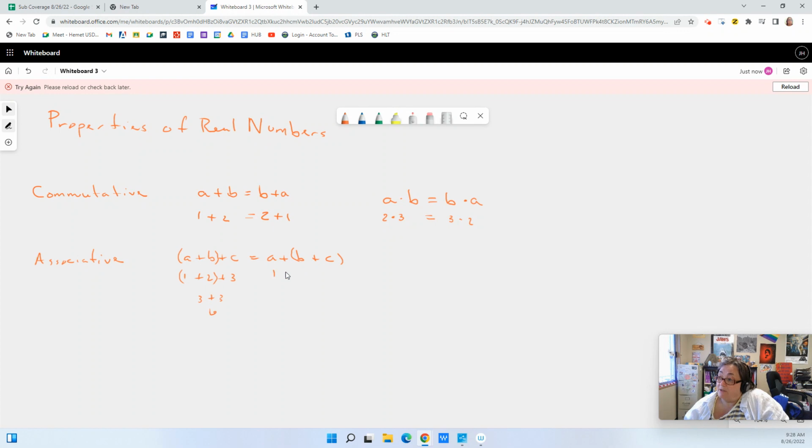And here, if I had 1 plus 2 plus 3, same thing. I would have 1 plus this grouping, which is 5, which is still 6. So commutative says that order doesn't matter. Associative says that grouping doesn't matter.